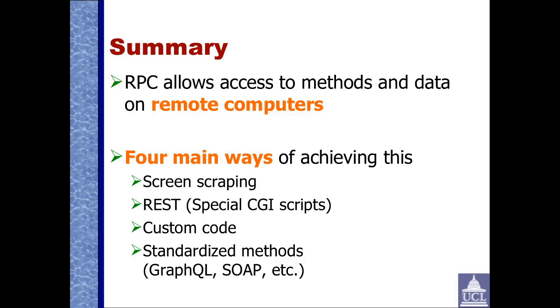In summary then, remote procedure calling allows access to methods and data stored on remote computers. There are four main ways of achieving this: using screen scraping, using REST, which is just a special CGI script where instead of returning HTML you're returning plain text, which might be XML, it might be JSON, it might just be keyword : value pairs.